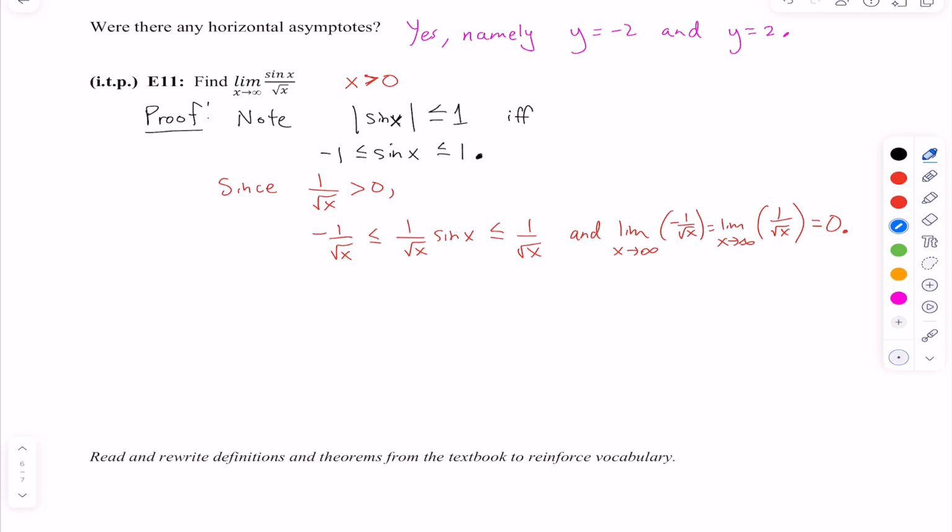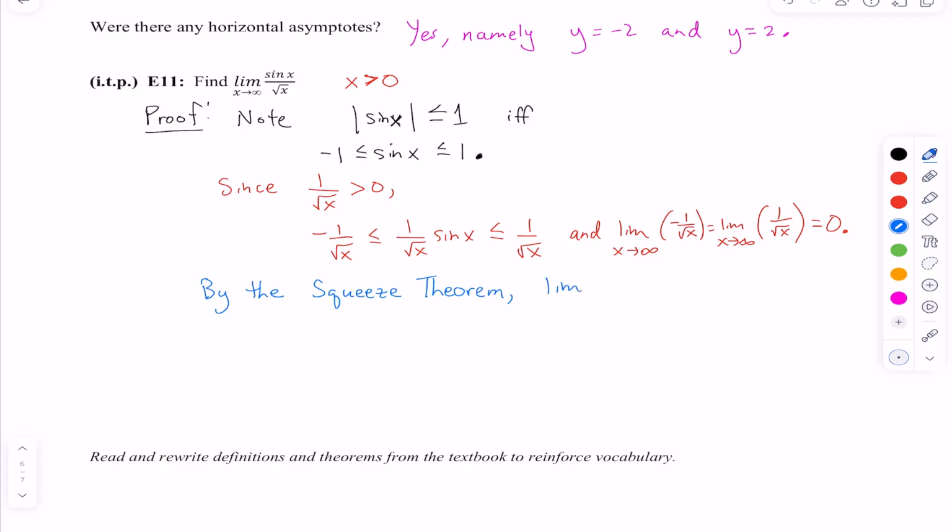Finally, the last sentence. By the squeeze theorem, what can you conclude about the function in between? That function in between is squeezed between the limits there.